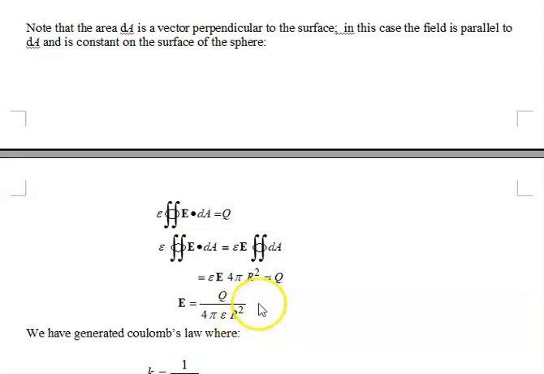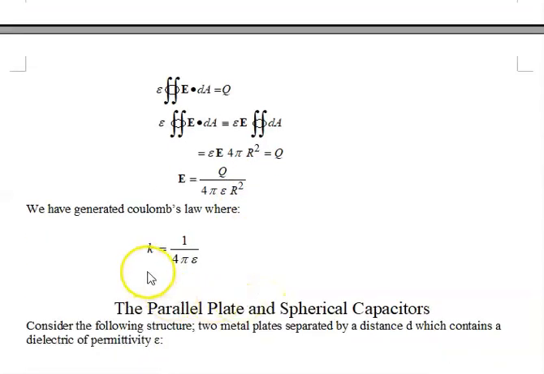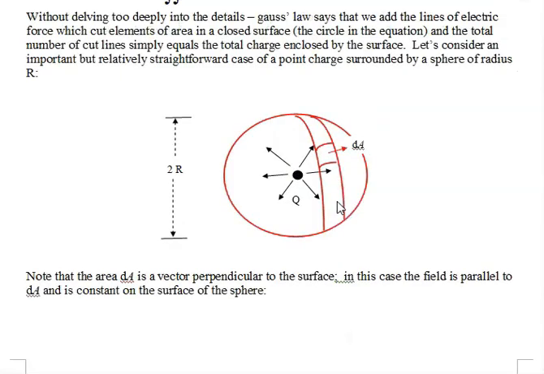That's just Coulomb's law, where K is 1 over 4 pi epsilon. So we've essentially taken Gauss's law and pulled out of it Coulomb's law, which gives us some confidence, at least, that Gauss's law has some degree of validity.